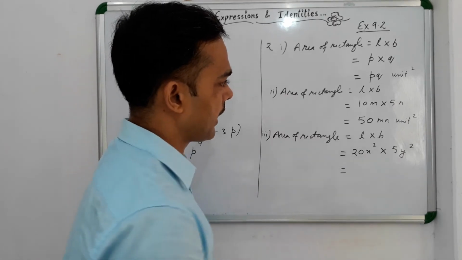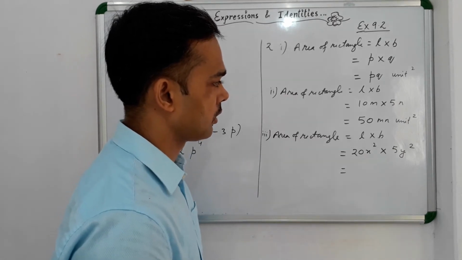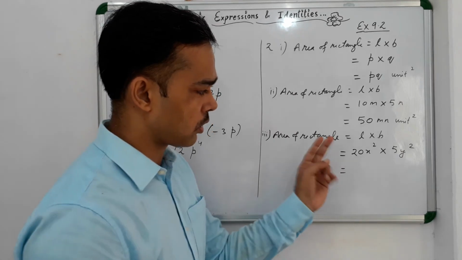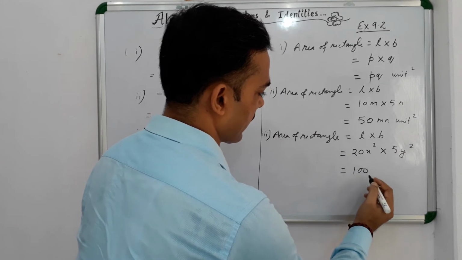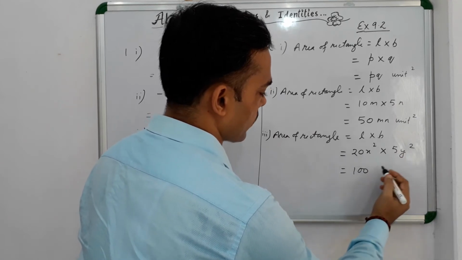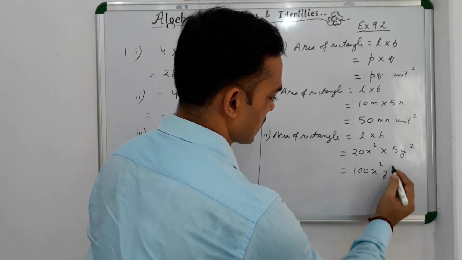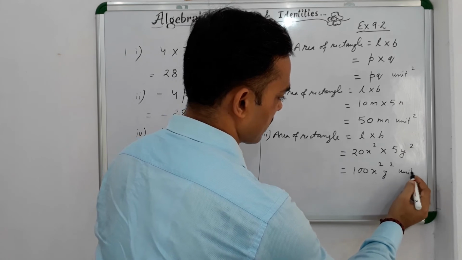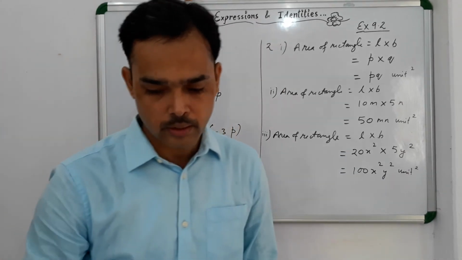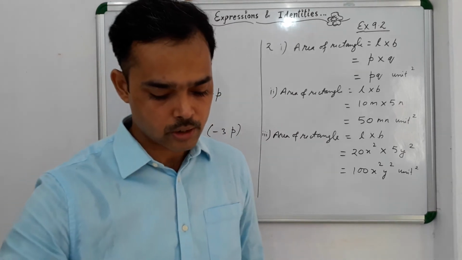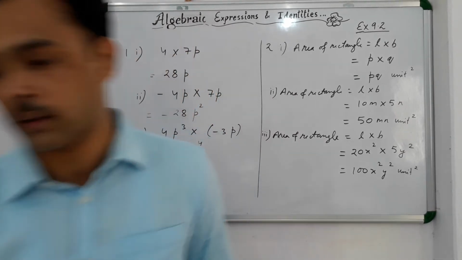Now let's multiply the constant by constant. So 20 into 5 will be 100. X square into y square will be x square y square unit square. Then after this third part, now let us move on to the fourth part.